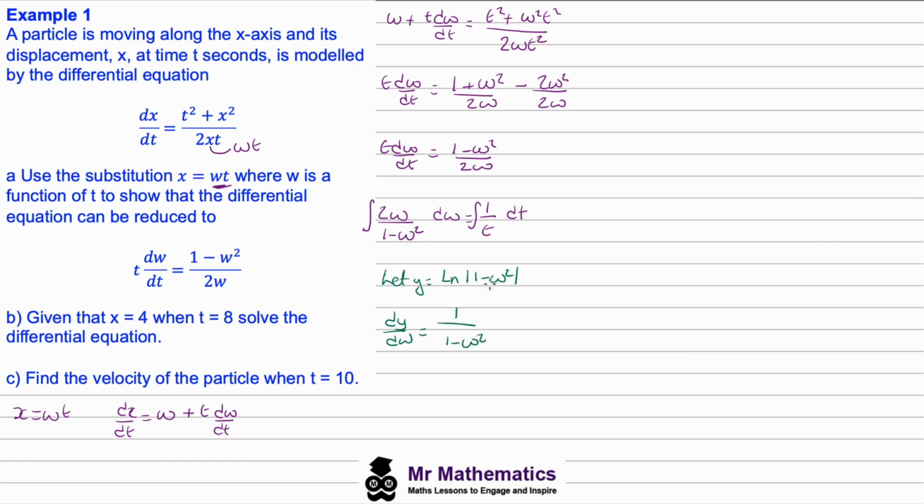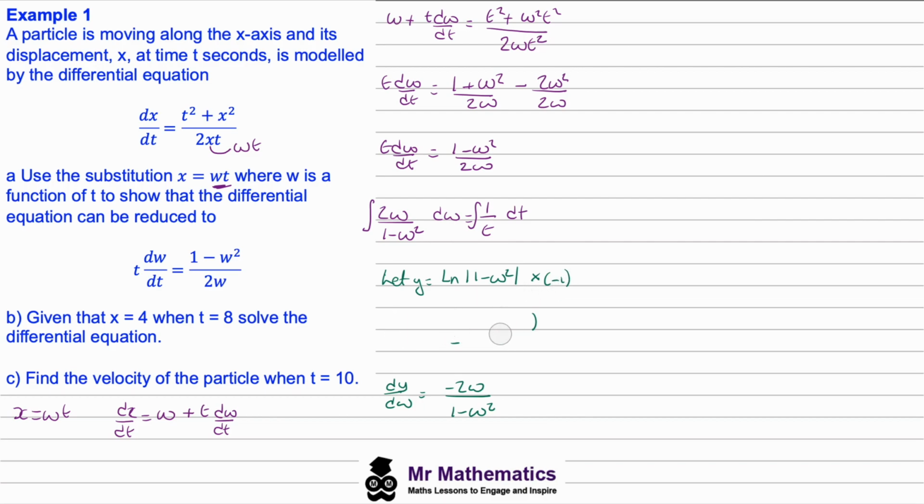But when we multiply it by the derivative of this inner function, we get minus 2w. So dy by dw becomes negative 2w over 1 minus w squared. But now I need to scale this negative so it matches our integral. So I need to multiply this y by negative 1.